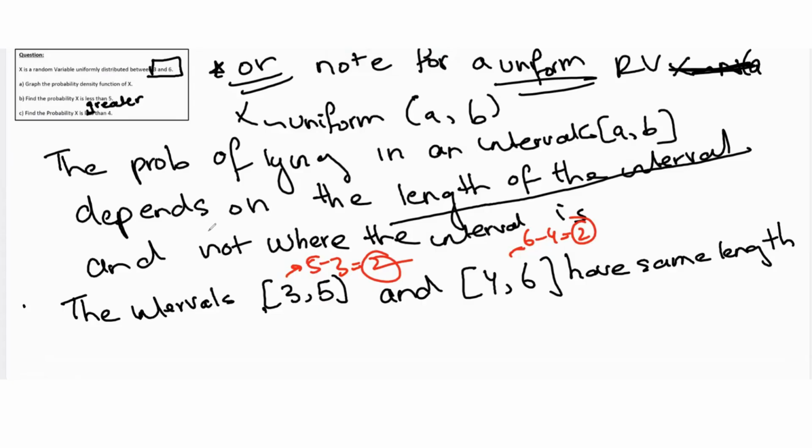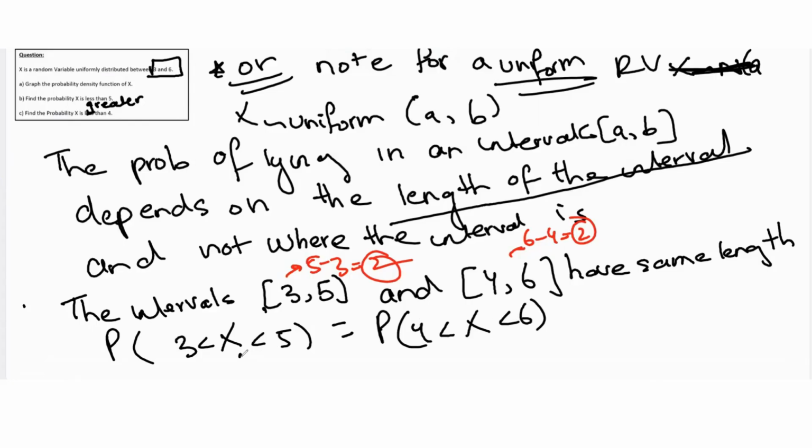So the probability that X is between 3 and 5, which is what we found in part A, is the same as the probability X is between 4 and 6, and this we know is 2 by 3 from part B.